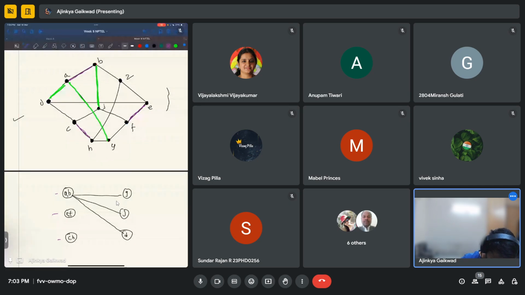The problem was with CH was contracted, and oh, sorry. The three edges that are contracted are the same: AB, EF, and CH. Sorry, there is no problem. AB is adjacent to D, J, and G because A is adjacent to D, A is adjacent to G, and B is adjacent to Z. Okay, let's say I have deleted the vertex Z.